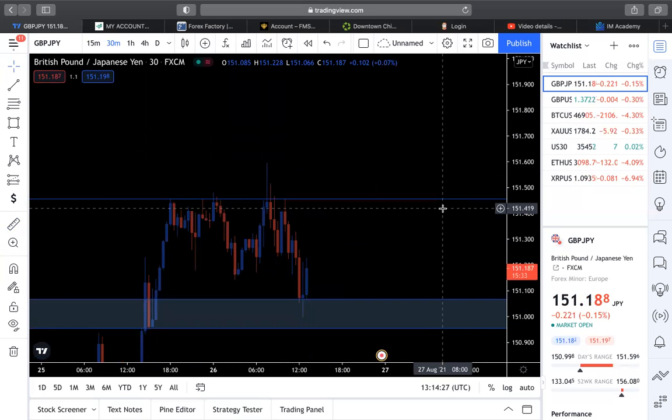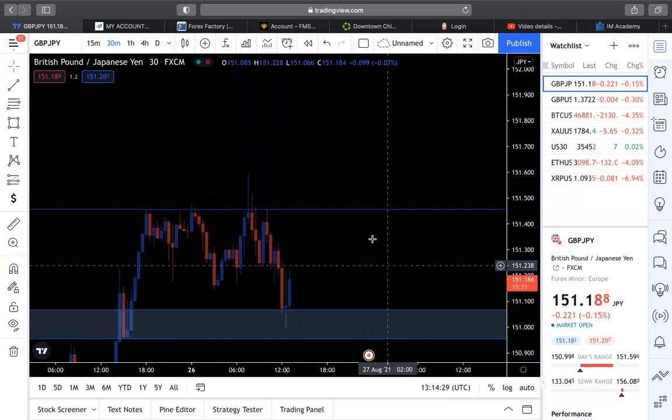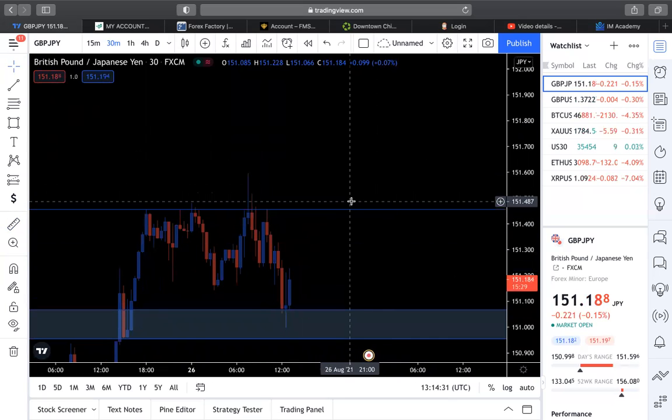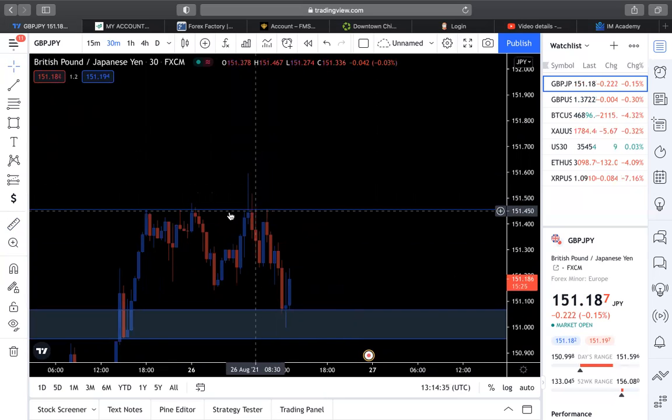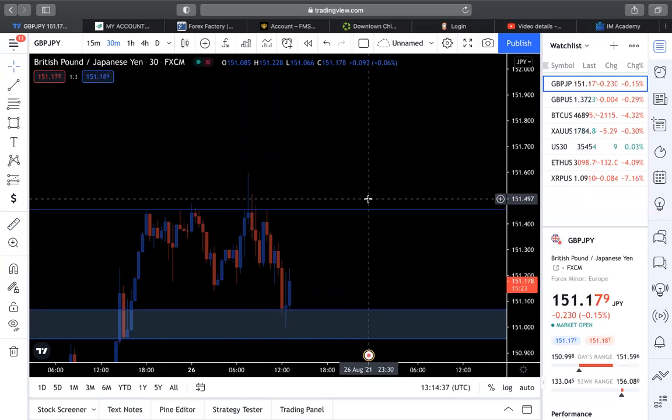To figure out where I would want to get in, guys, it's basically just above probably this wick or these two wicks, this one and this one, probably around this area, which is 151.497.